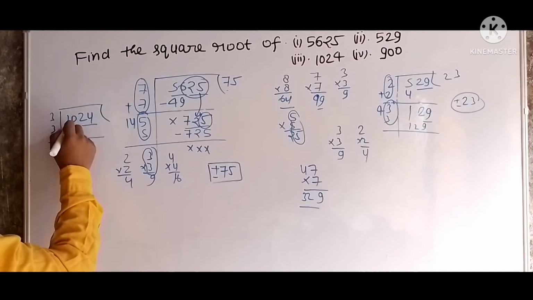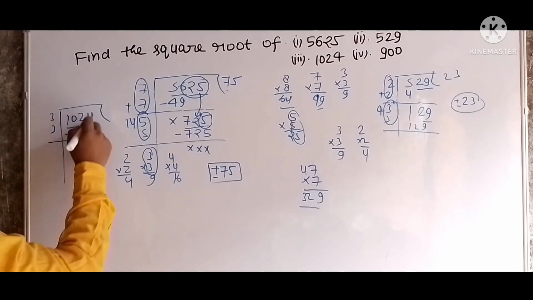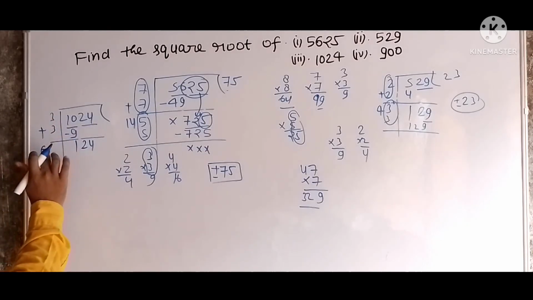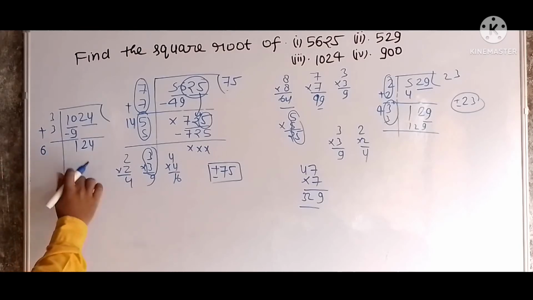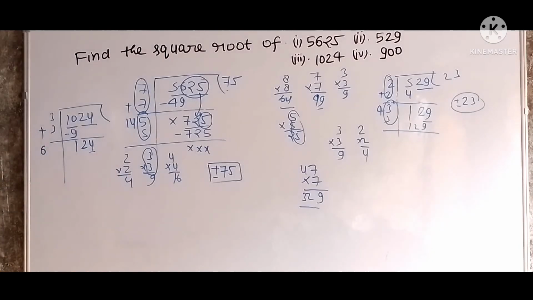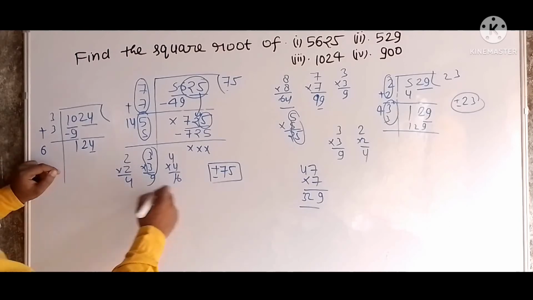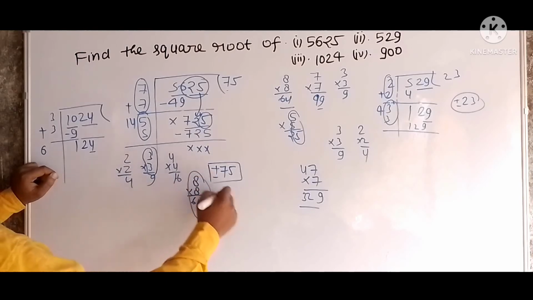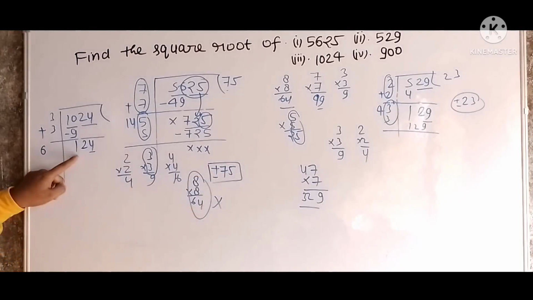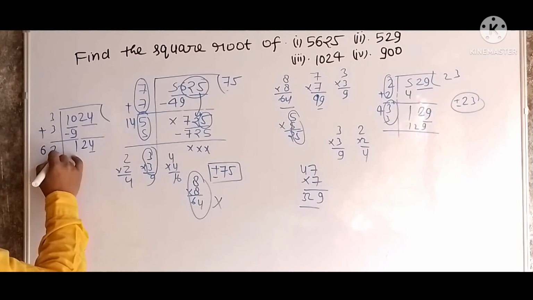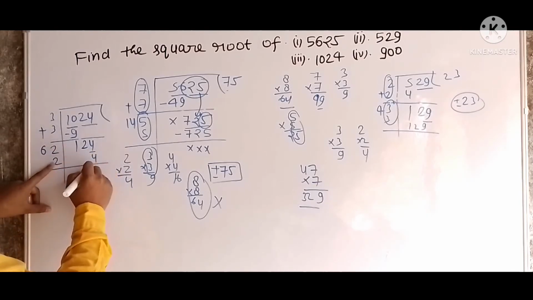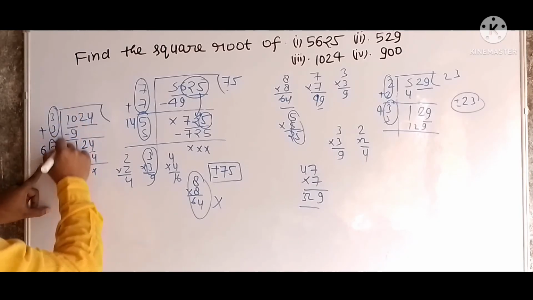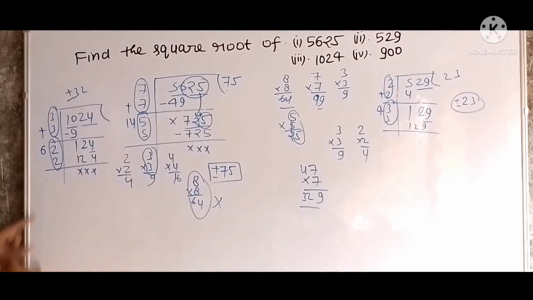When we subtract 9 from 10, we get 1, and from here we bring down 24, and add these two values, you get 6. Now we need one number here so that after multiplying we get 4 at the unit place. We get 4 at the unit place when we multiply 2 into 2, and 8 into 8 also gives 64, but we can't take this value because the number exceeds 124, so take 2. Now when we multiply 2 by 4, 2 times 6 is 12, from here we take 3, from here 2, so the square root will be plus minus 32.